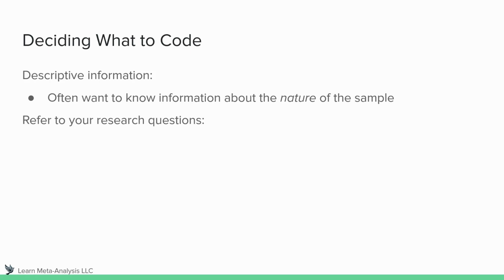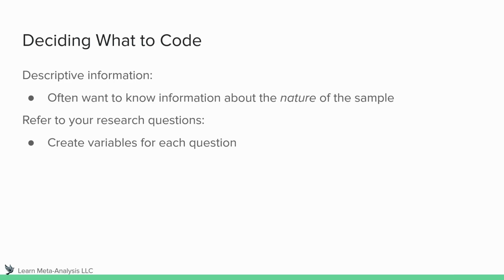The next thing that we want to do is think about our research questions, and we want to make sure that we extract relevant data, or I'm going to call them variables from time to time. We want to make sure that we are extracting data or variables that help us actually answer each research question. And I know this seems really obvious, but especially when we're just starting with systematic reviews, it's really easy to code a bunch of stuff and then realize later that it doesn't actually answer your research questions.